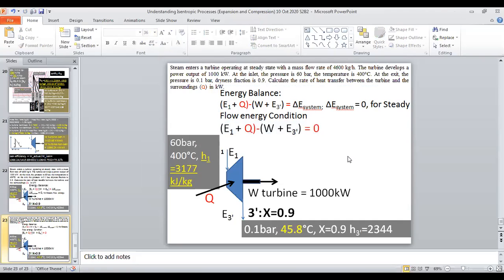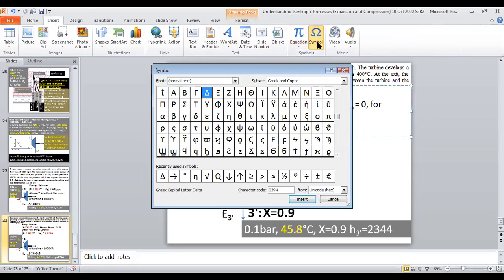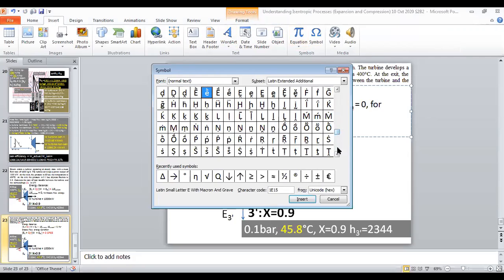So anything that comes in goes out. That is what we call the steady flow energy equation. When this is 0, we call this the steady flow energy equation. Quite interesting.